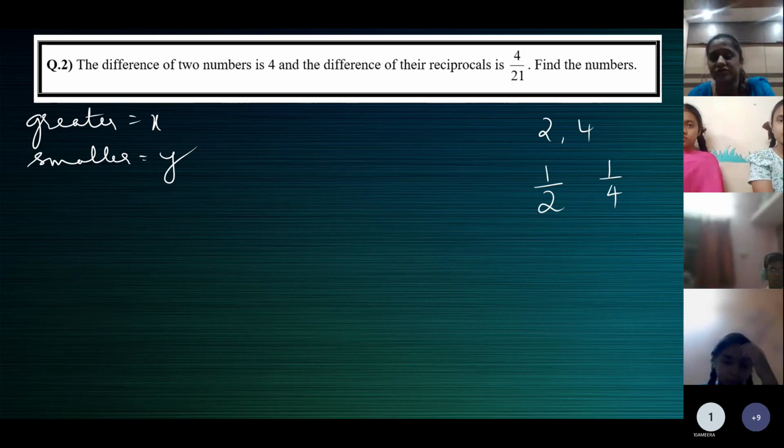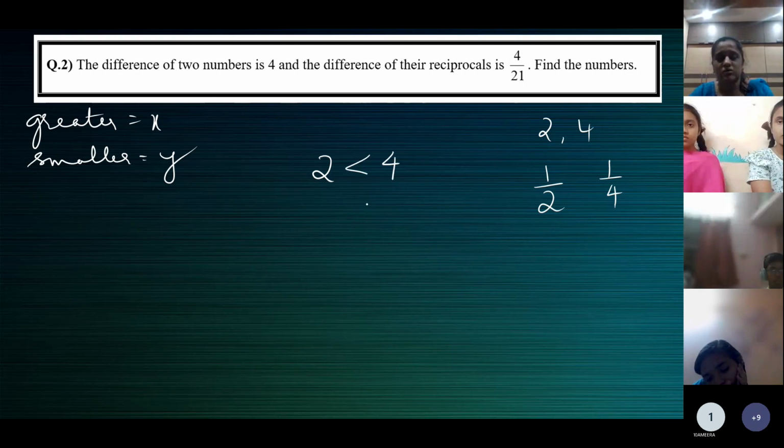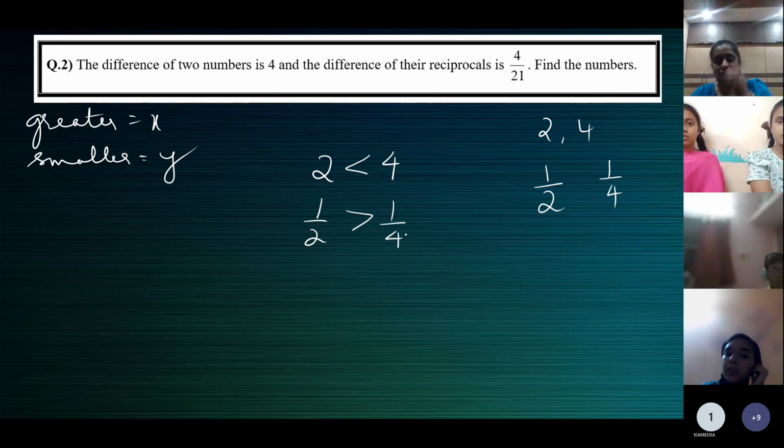But between 2 and 4, which is greater? 4. Then is the reciprocal 1 by 4 greater now? No. So using this example, you can understand that 2 is less than 4, but 1 by 2 will be greater than 1 by 4.